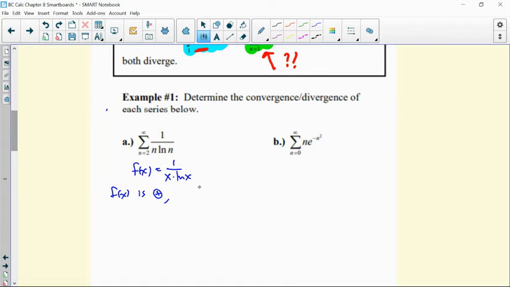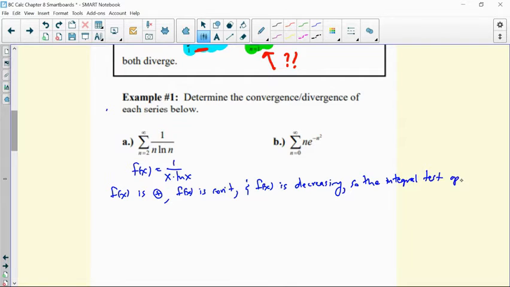I know that f of x is continuous on the given interval starting at 2, and that the terms are decreasing. So because I've met all three conditions, I know I can apply the integral test. So the integral test applies.